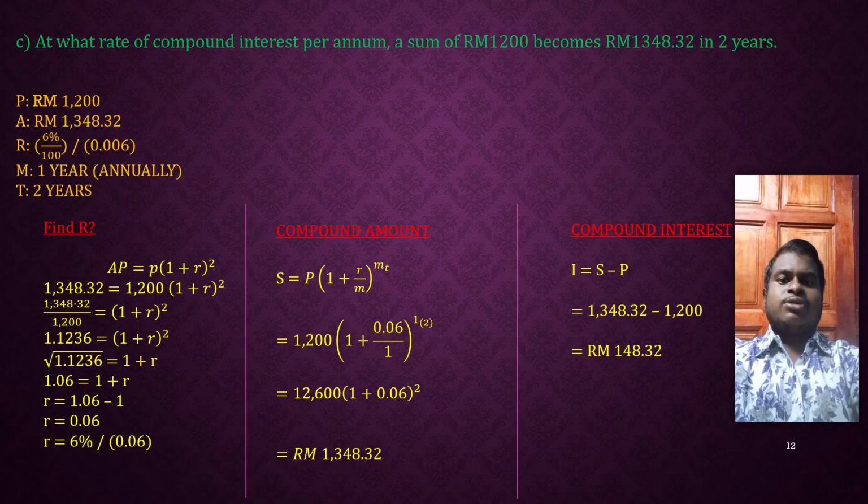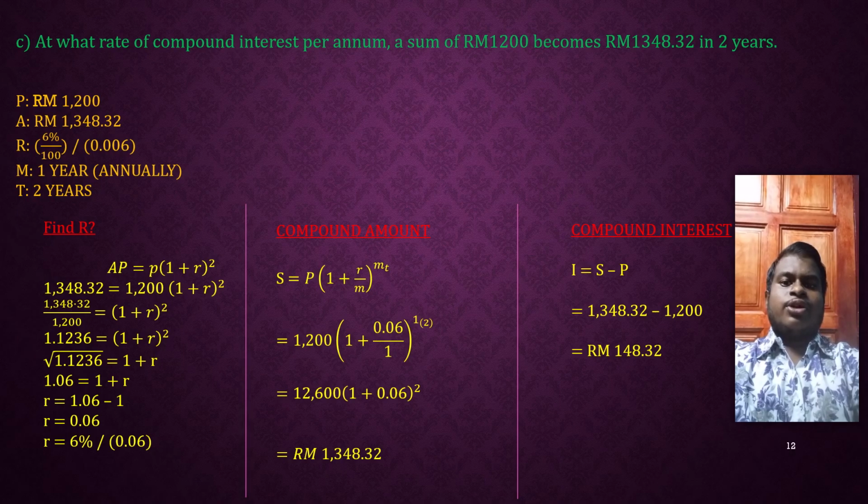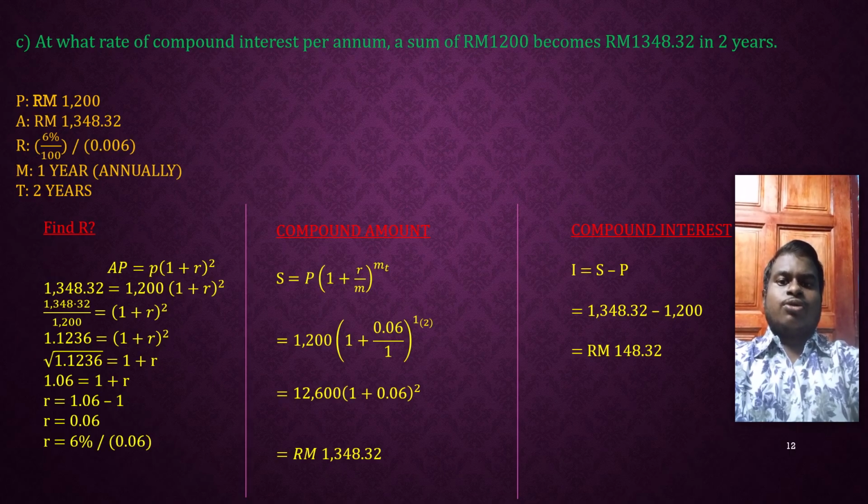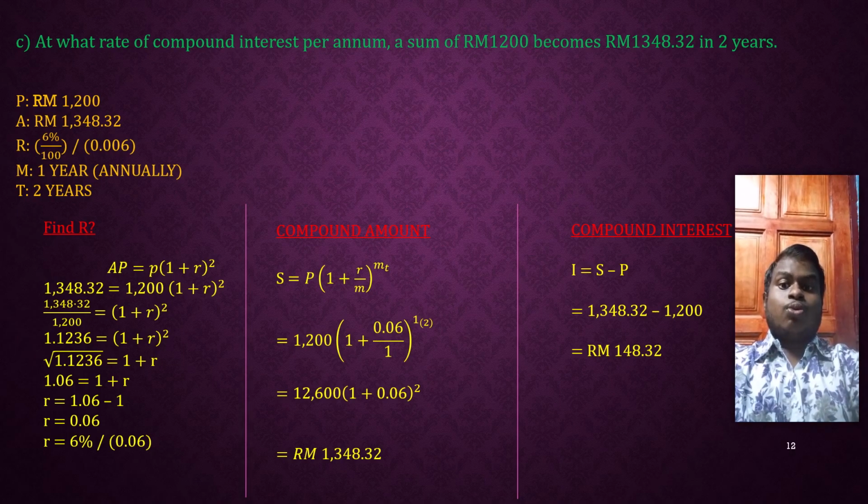Plugging in the values, 1348.32 equals 1200(1 plus R)^2. Dividing both sides by 1200, 1348.32 over 1200 equals (1 plus R)^2. This gives 1.1236 equals (1 plus R)^2.